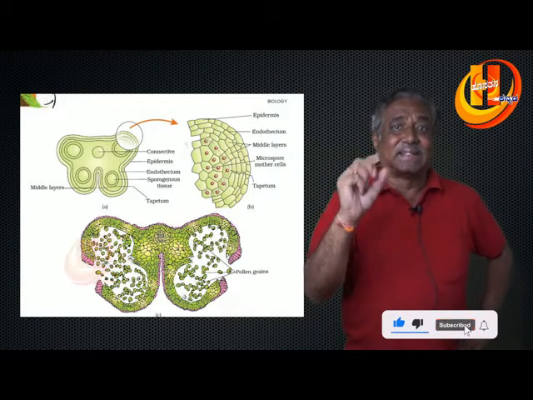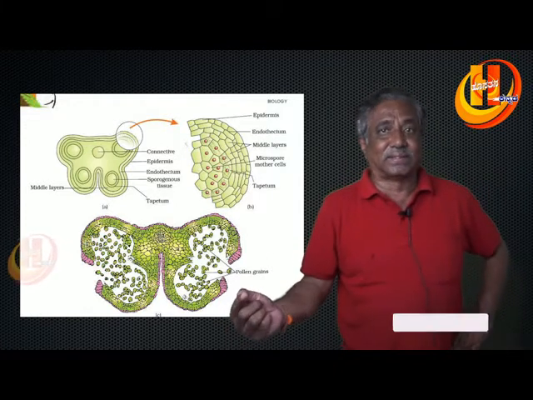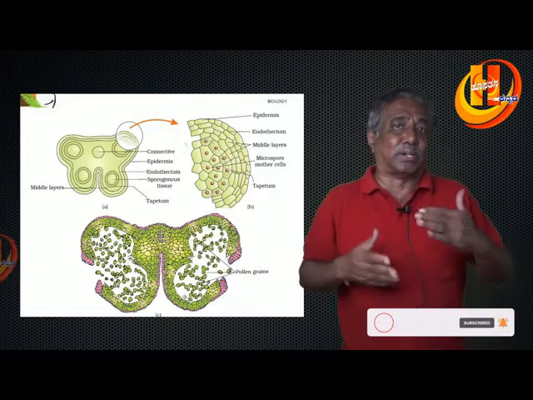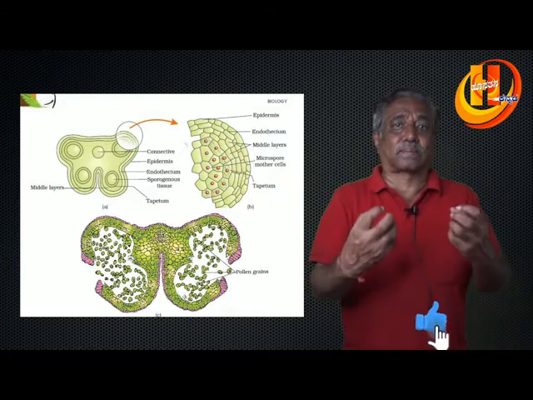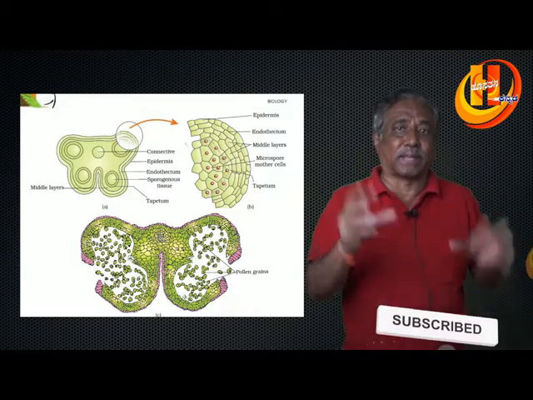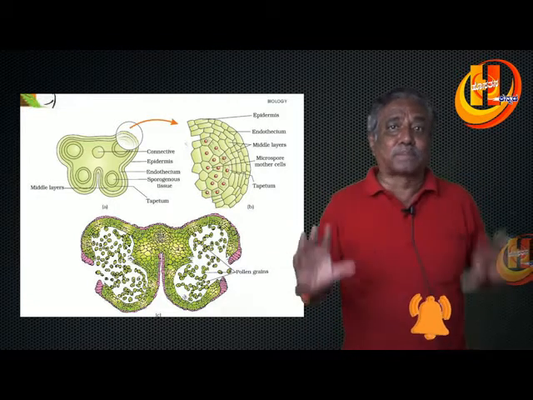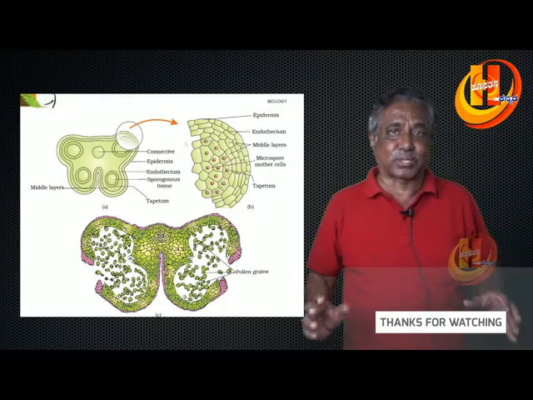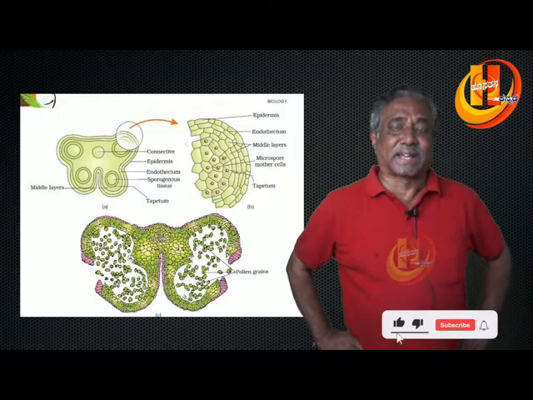And tapetum may be uninucleated or binucleated, and it is nutritive in function, supplies nutrition to the sporogenous tissue, spore producing tissue. These 4 spore lobes consist of sporogenous tissue which produces the pollen grains.